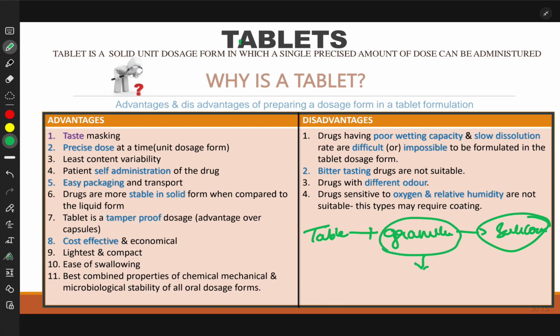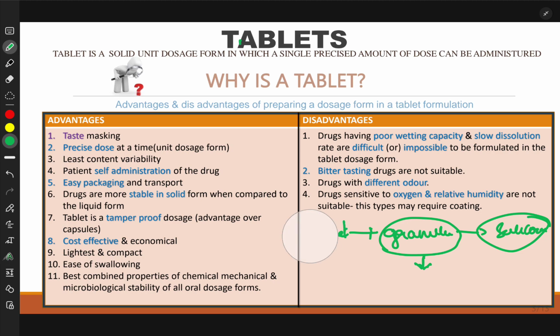Even though it is a difficult process involving many steps, when you come to liquid or semi-solid preparations or capsule preparations, they involve many complicated steps and many equipments. But for this, we'll be having only one punching equipment, a mixer and a drying equipment. That's it. These three equipments are sufficient to manufacture a tablet.